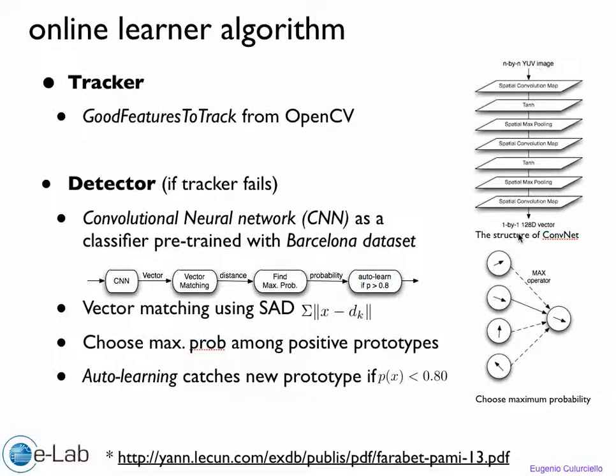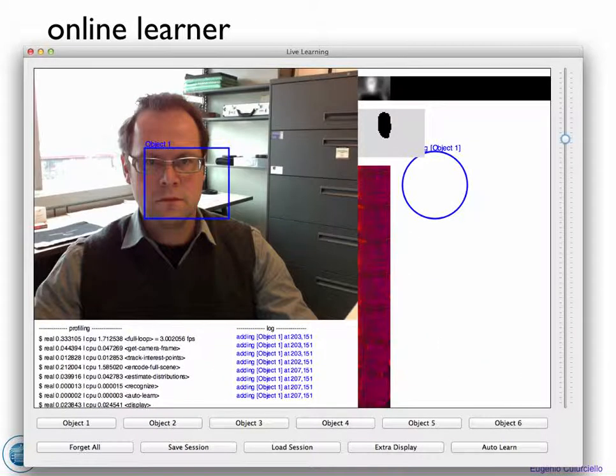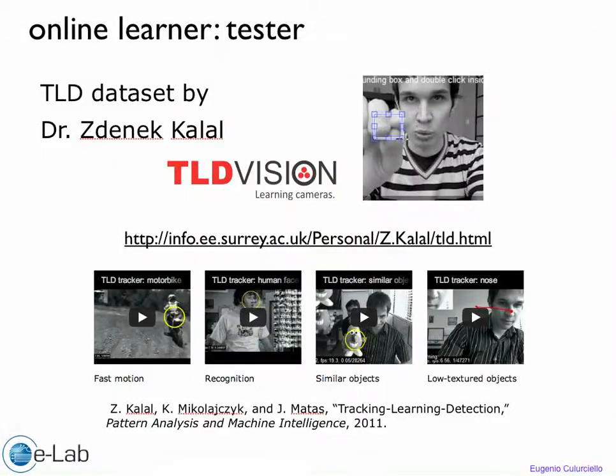From a window of 46 by 46, it returns a vector of 128 dimensions. This is basically supposed to describe the prototype. So if you click on a specific area here, at the output of the ConvNet, you're going to have a 128 dimension vector.